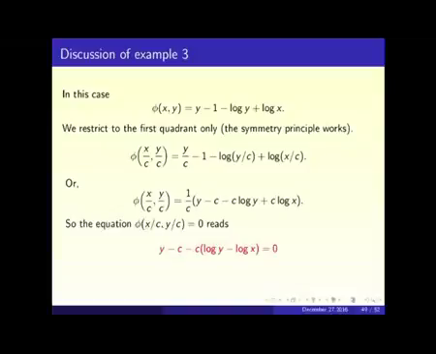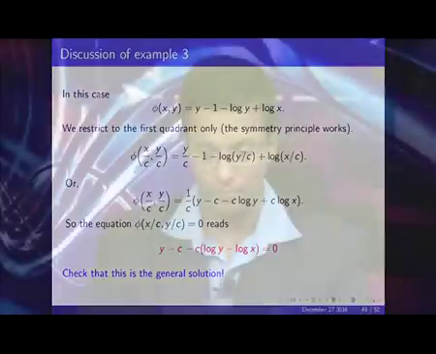So, when you put phi of x by c, y by c equal to 0, you get y minus c log y plus c log x equal to 0. You check that this is the general solution. Take the next example from Rainville's book.